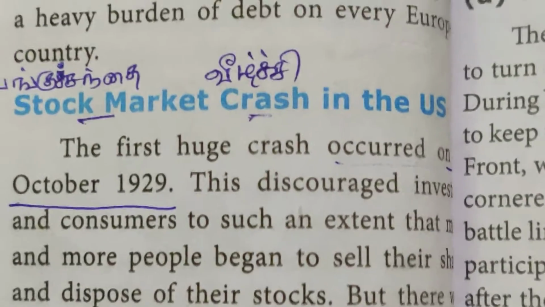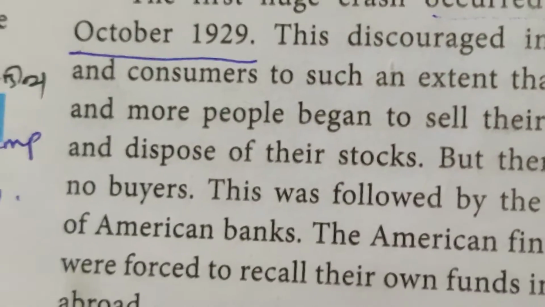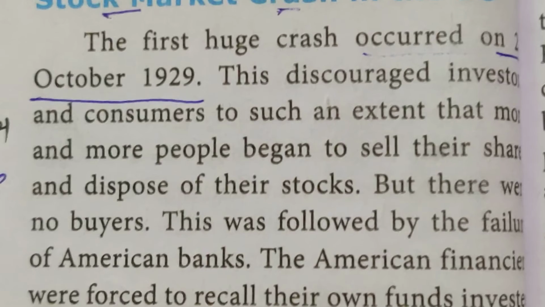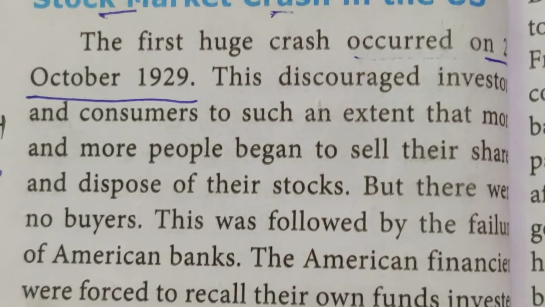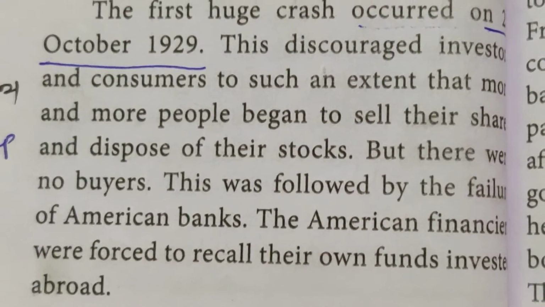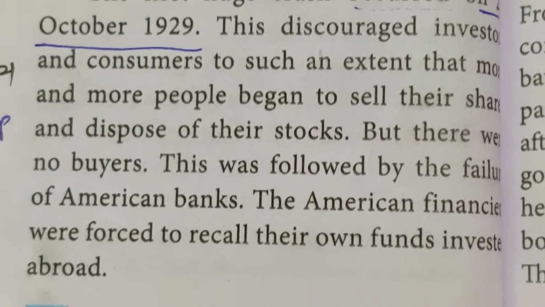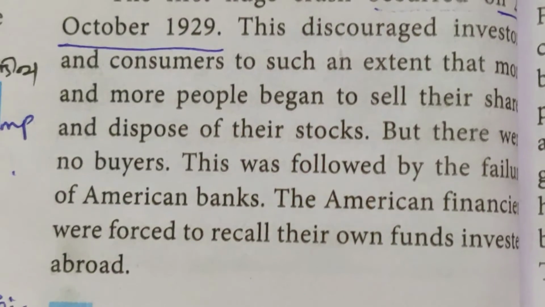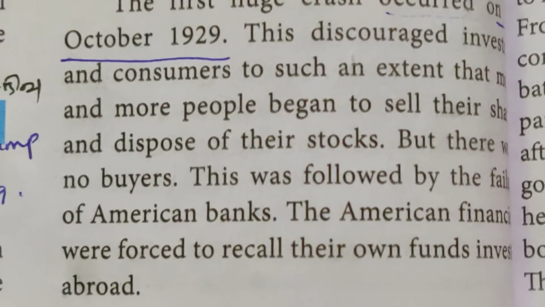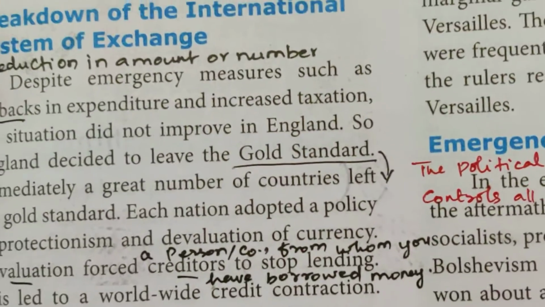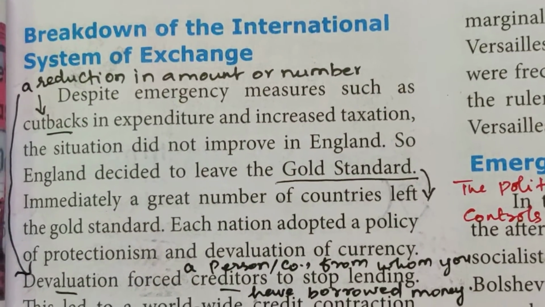But there were no buyers to purchase the shares. This was followed by the failure of American banks. So the American financiers were forced to recall their own funds invested abroad. Breakdown of the international system of exchange.